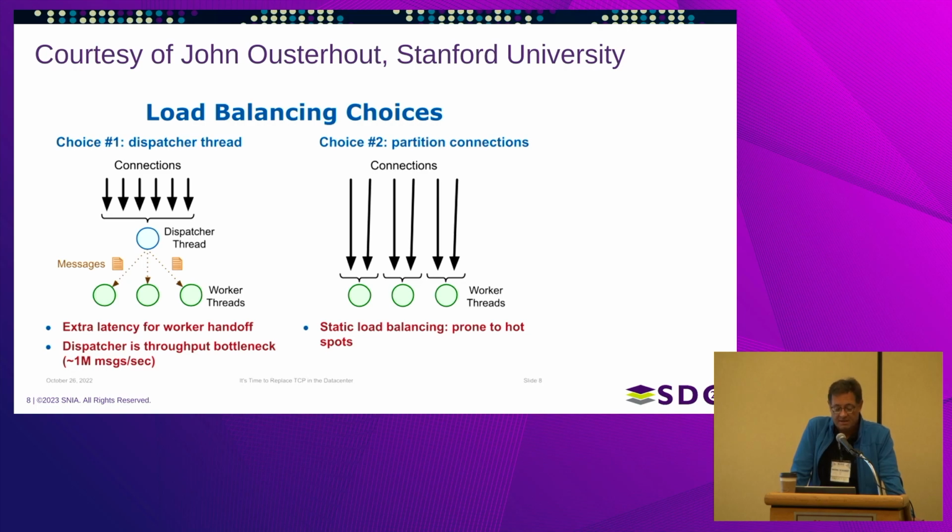It creates extra latency for the send-off between the dispatcher and the worker. And the second thing is this dispatcher very quickly becomes the bottleneck for the network throughput, up to the point where you can estimate about 1 million messages per second and you quickly saturate that dispatcher node or core.